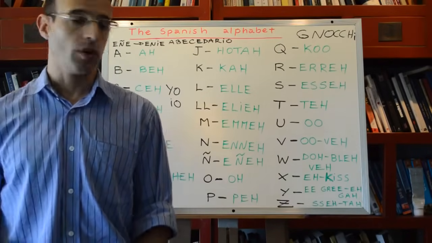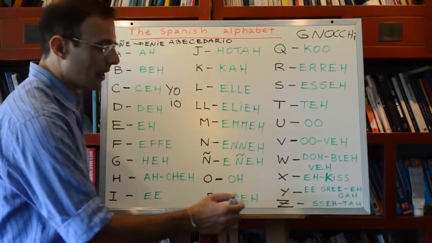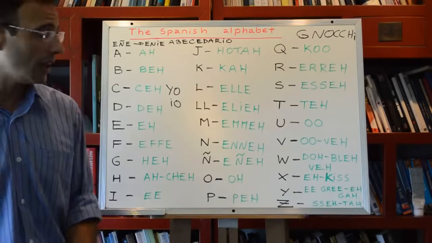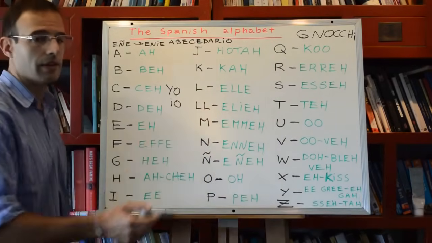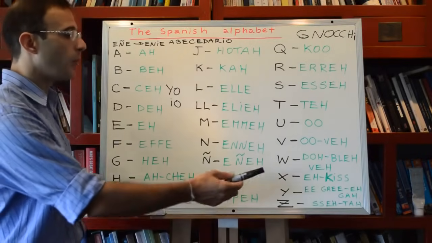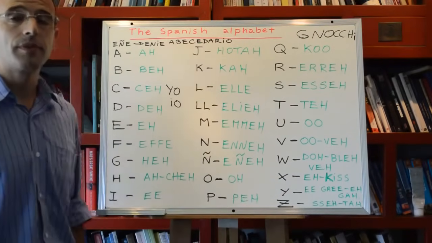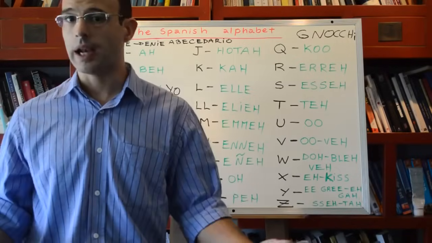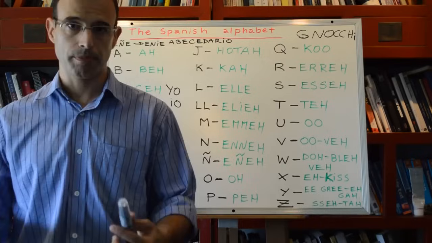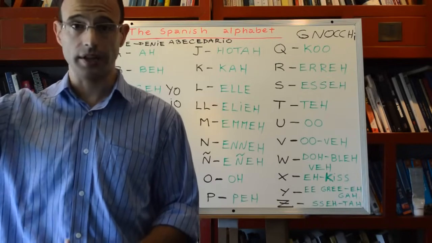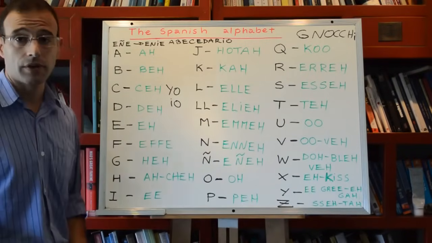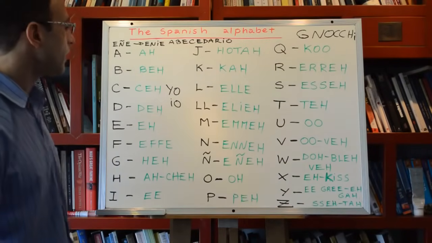When the Y is followed in the same word by a vowel, it is pronounced like double L. However, when it's at the end of the word, or standing alone, like the word and, which in Spanish is the word Y, just one letter, there it's pronounced like an I. It's pronounced E. Good.